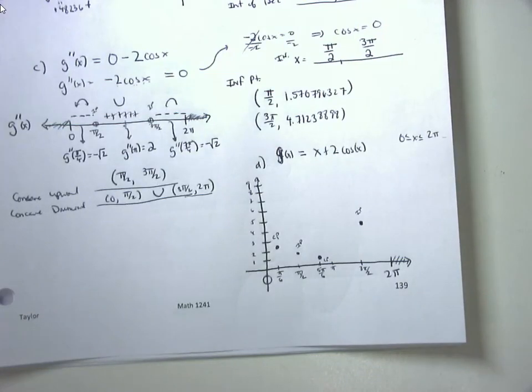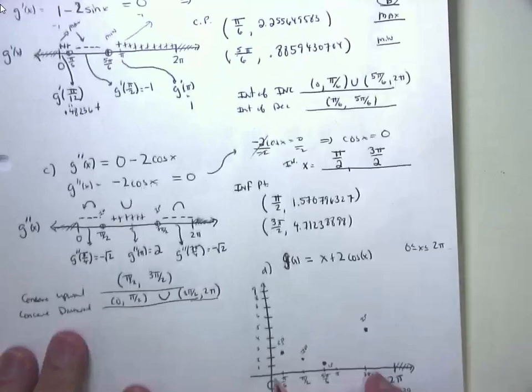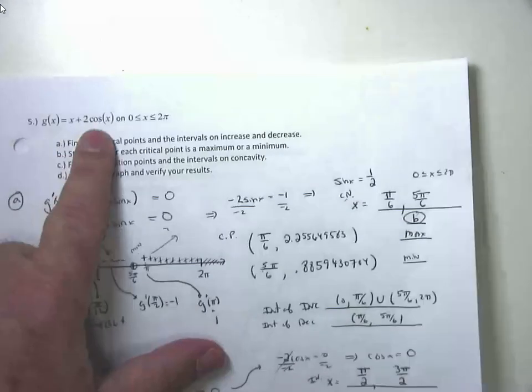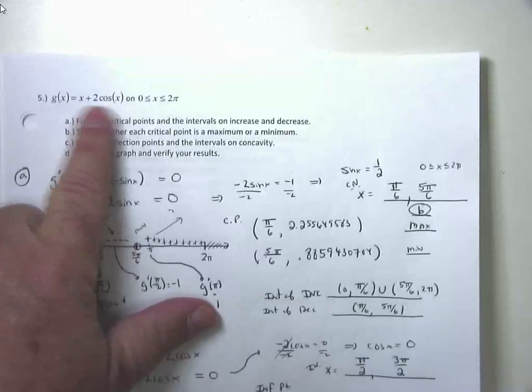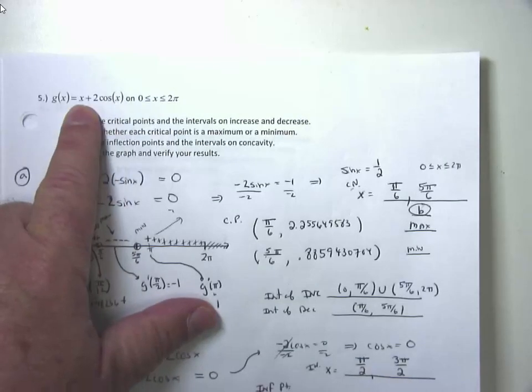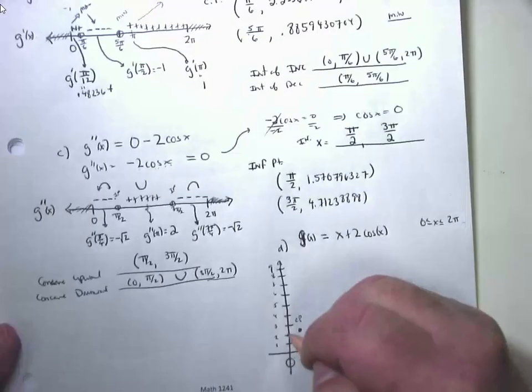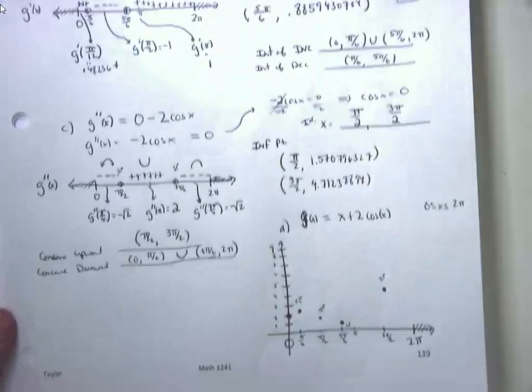But because there are two endpoints on this thing, I personally suggest you guys graph the endpoints. So I'm going to plot a couple of extra ones just to make them look good. I'm going to plug in 0 into the original function. Cosine of 0 is 1 times 2 is 2 plus 0 is 2. So this thing starts at the point 0, 2.